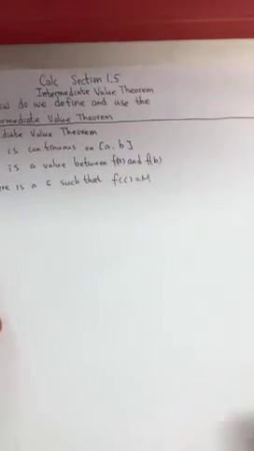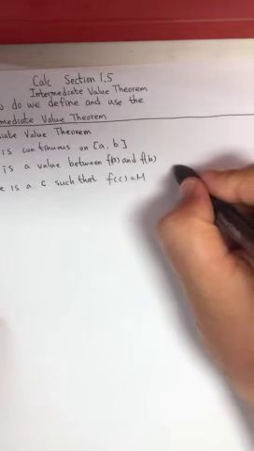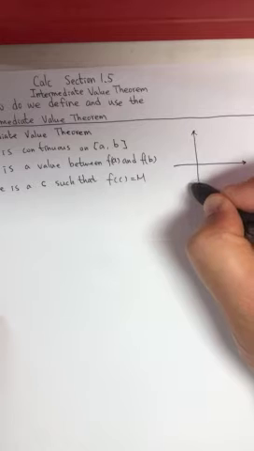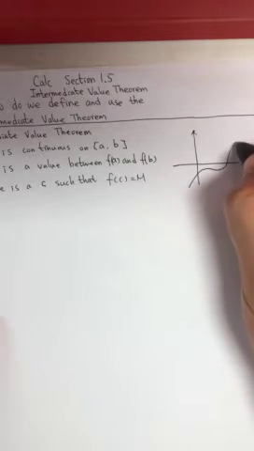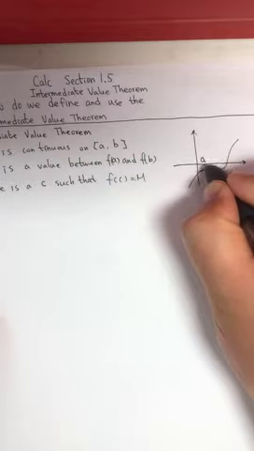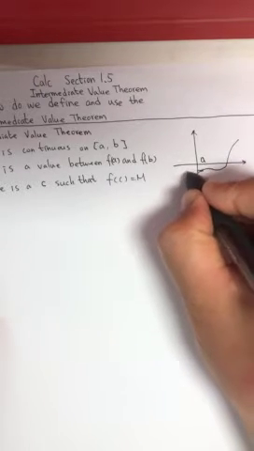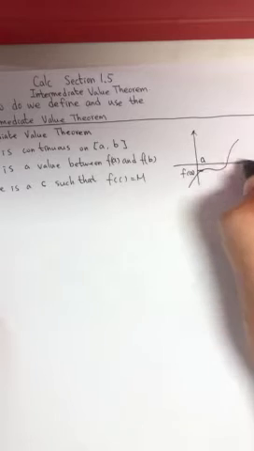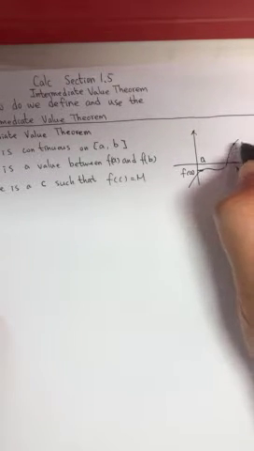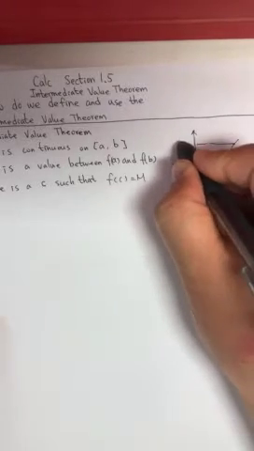If I give you a visual representation, it will be something like this. You have a function, and here's your a value, f of a. This is my a value, and then I have another b value here, which indicates my f of b.